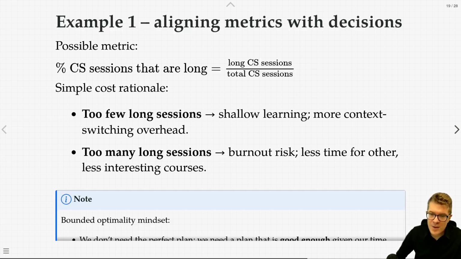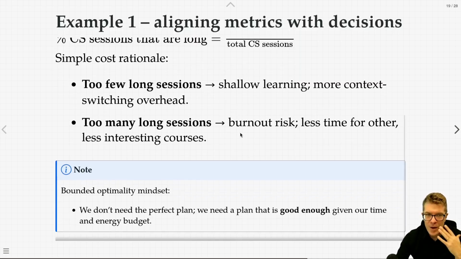It could also mean that because you're spending so much time studying computer science, you have less time for your other, less interesting courses, or just fewer other courses generally. So you have a cost with aiming to have this percentage too small, you have a cost with having this percentage be too large, and you have to think about which costs you're more comfortable living with.